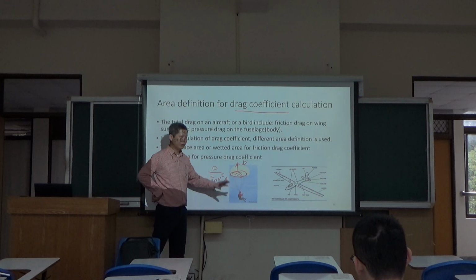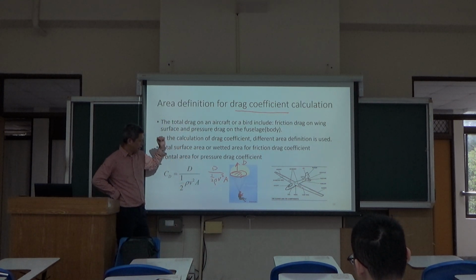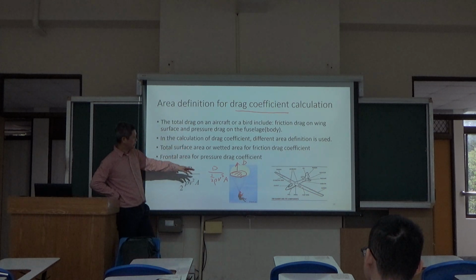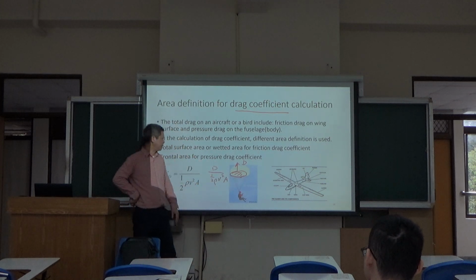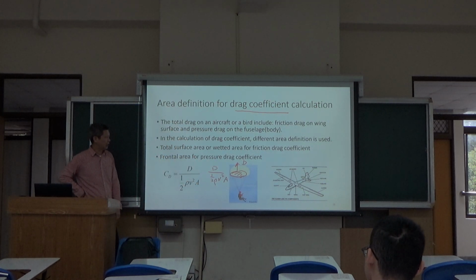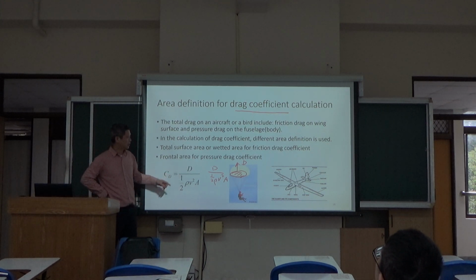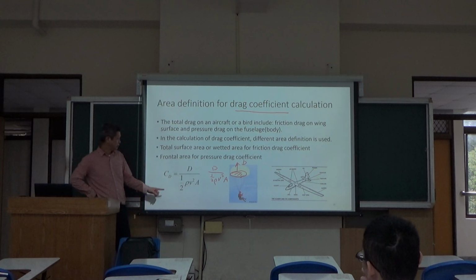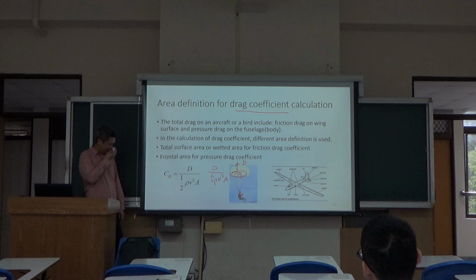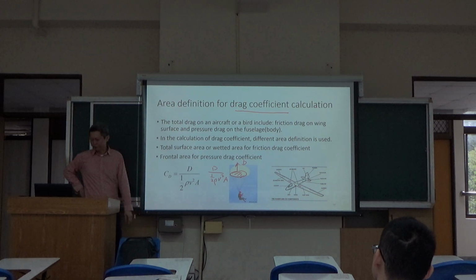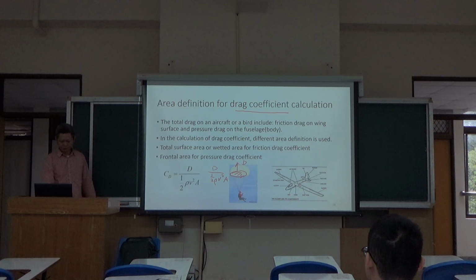When the man reaches the terminal speed and then turns on the switch, opening the parachute, his weight will be further supported by the drag force. So how much is the drag force? It depends on the area. The proportionality also depends on the stagnation pressure, which is half rho v squared, where rho is the air density.